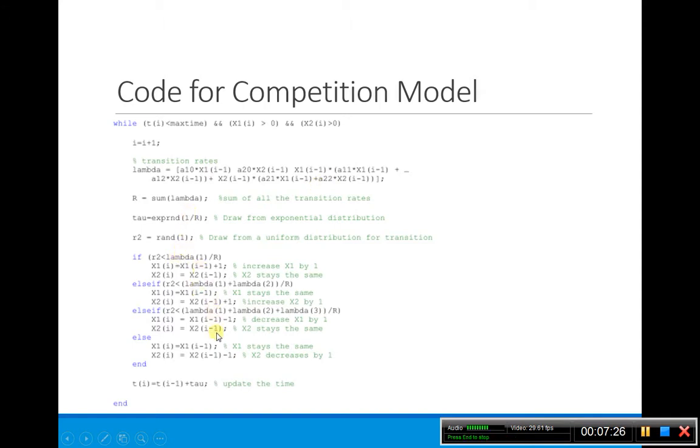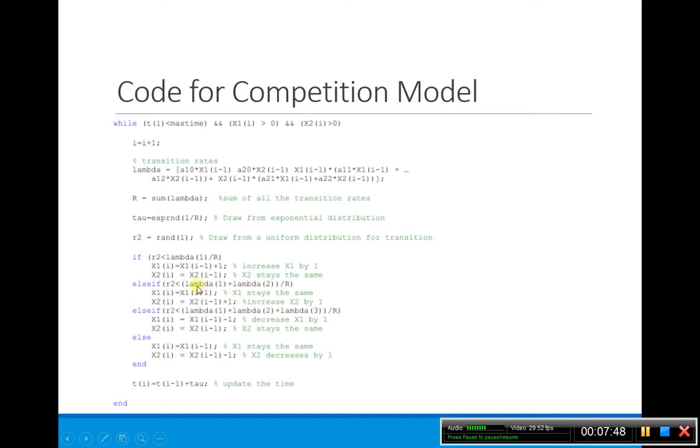So there's 4 possibilities here. That's why we have these 4 different statements. So if our random number is less than our first transition divided by the sum of all of them, then we're going to increase x1 by 1. And then, of course, x2 stays the same, so this is our 1, 0 case. Here is our 0, 1 case.